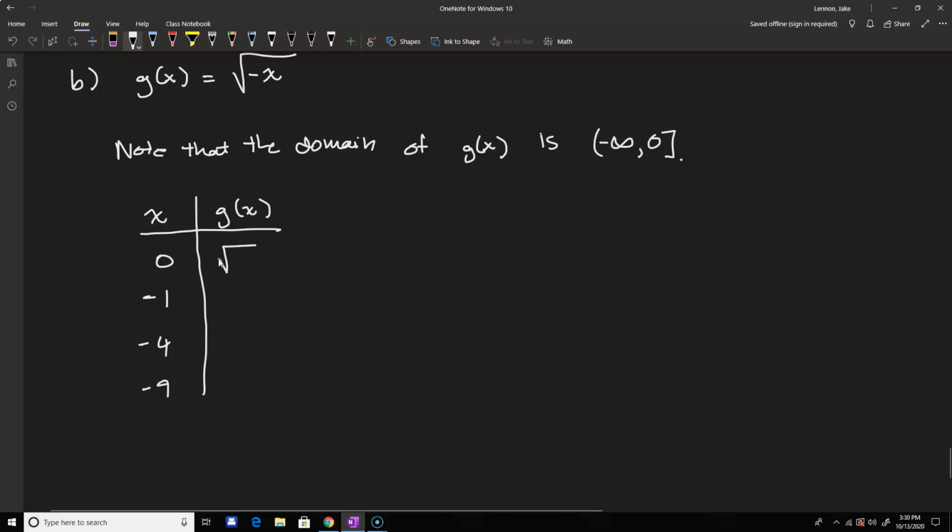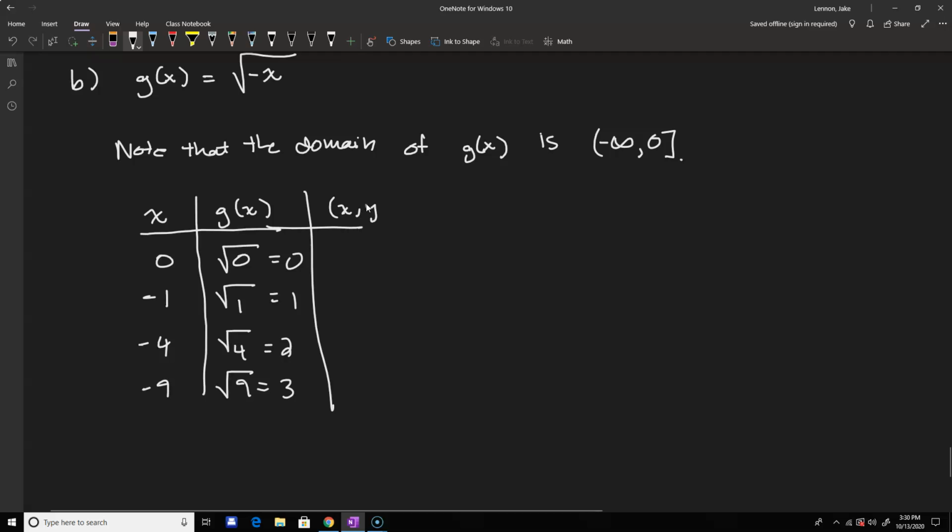So this would be the square root of 0, which is 0. This would be the square root of 1, which is 1. This would be the square root of 4, which is 2. And this would be the square root of 9, which is 3. So we can write down all our x, y ordered pairs if you want. We have 0, 0, -1, 1, -4, 2, and -9, 3.